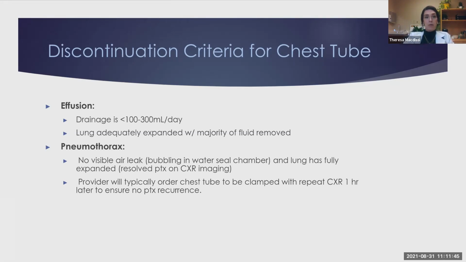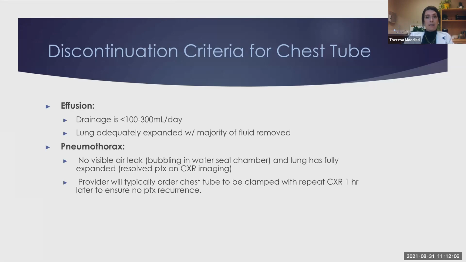And on imaging, you want to make sure that the fluid has not accumulated. Again, on imaging, you want to see that that lung has actually expanded pretty well before you remove the chest tube. For pneumothorax, you don't want to have any visible air leaks and no bubbling in that water sealed chamber.